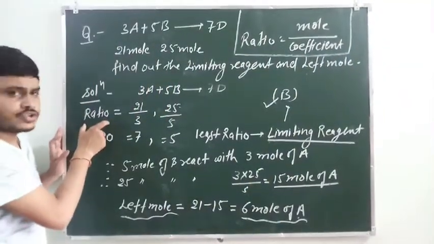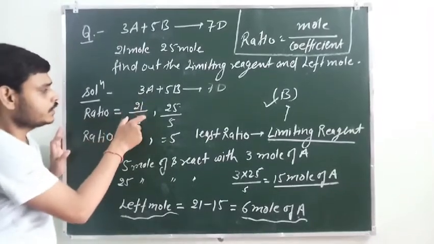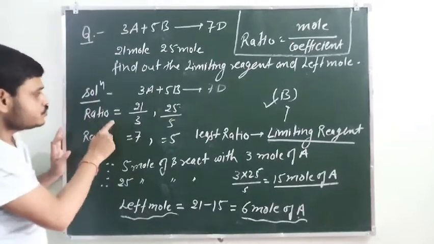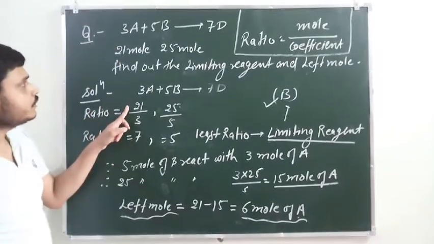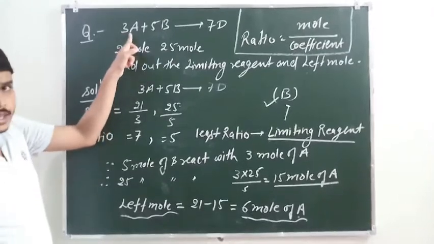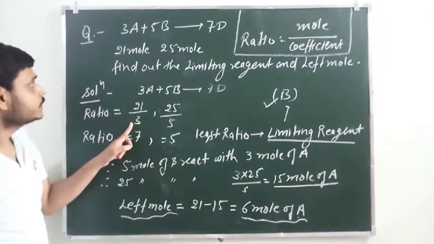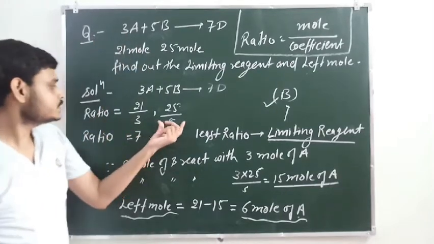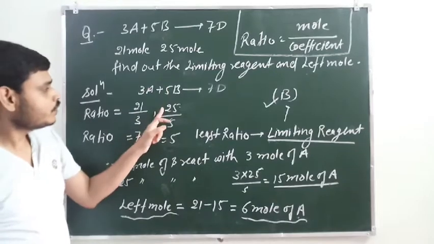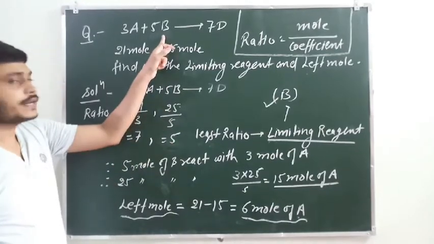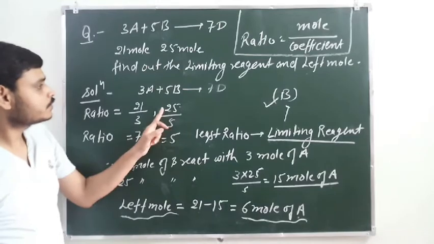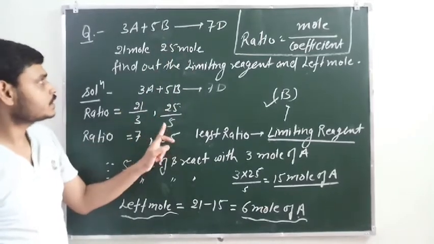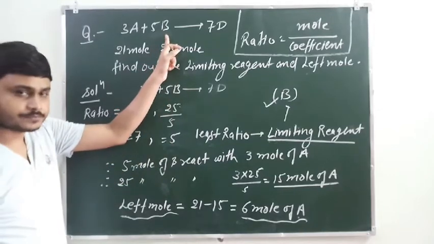This is the ratio for reactant A: ratio is equal to 21, the mole of A, divided by 3, the coefficient of reactant A. And this is the ratio for reactant B: 25 is the mole of reactant B, and 5 is the coefficient of reactant B.